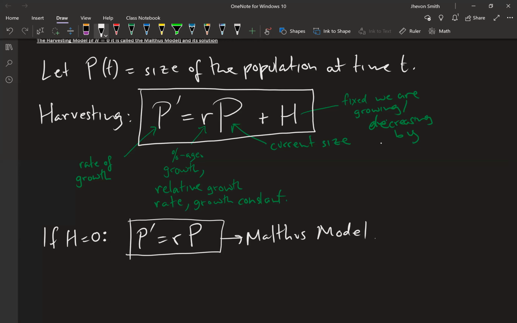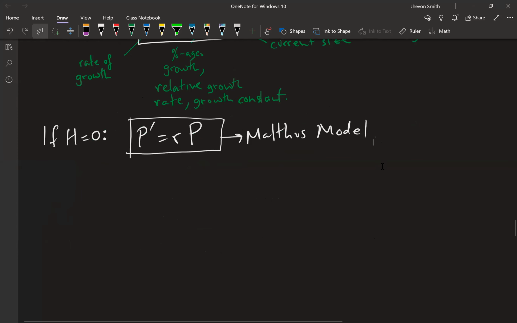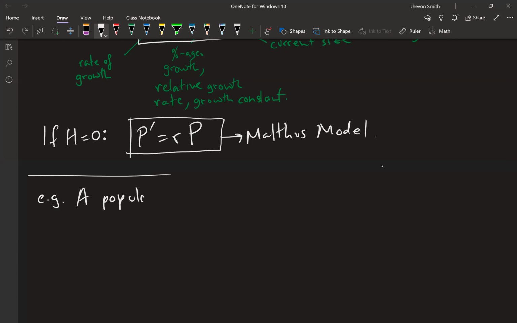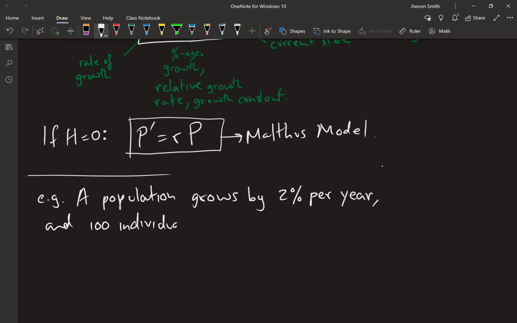So if you wanted to model, for example, a population that grows by 2% per year and 100 individuals, let's make this interesting.